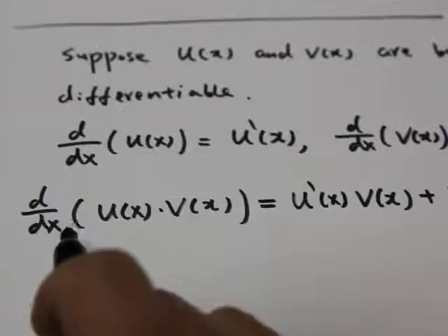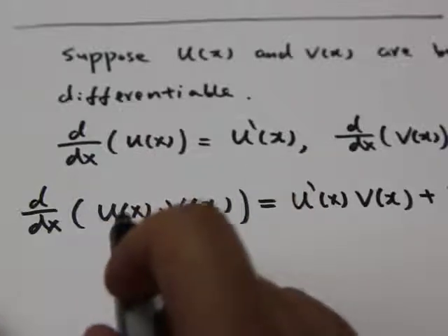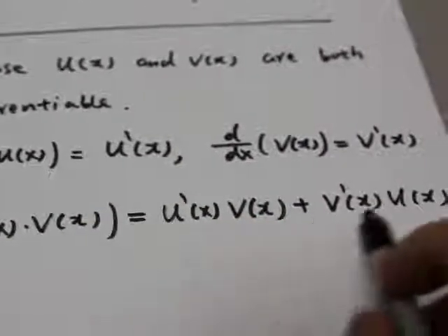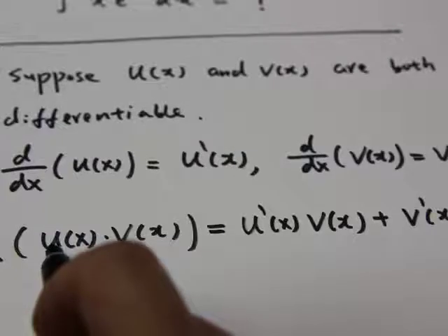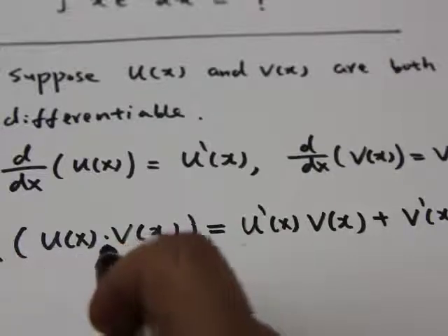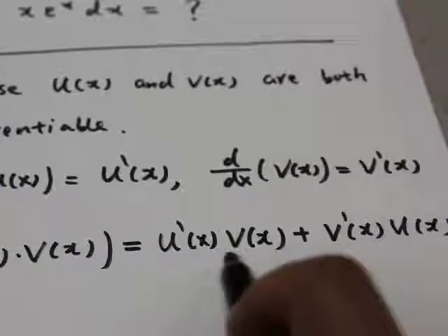If the derivative of the product u(x)v(x) equals this, that means u(x) times v(x) is the antiderivative of this sum, of this result.